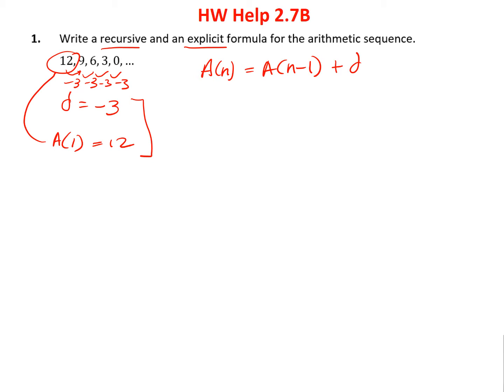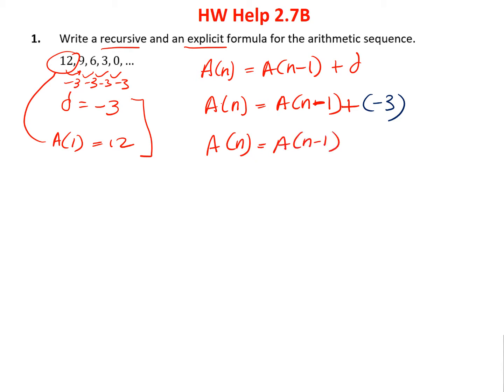In our case, the answer is a sub n equals the previous term plus negative 3. All right? So you see where that came from. And I can simplify that and just write my answer as a sub n is the a sub n minus 1 term minus 3. And so that's the recursive.